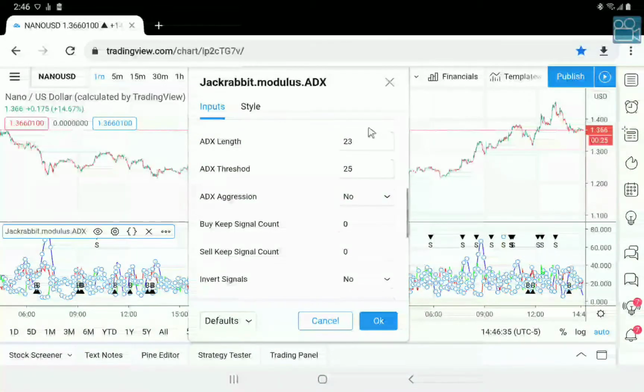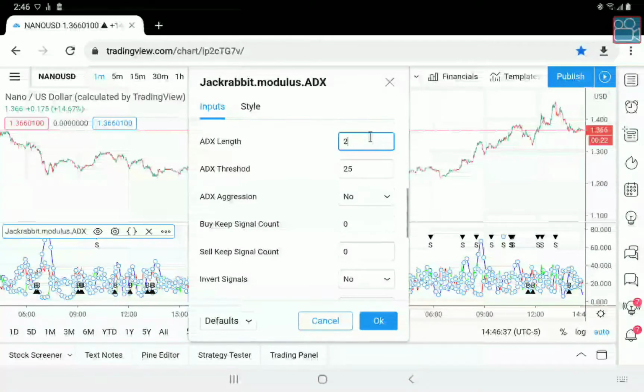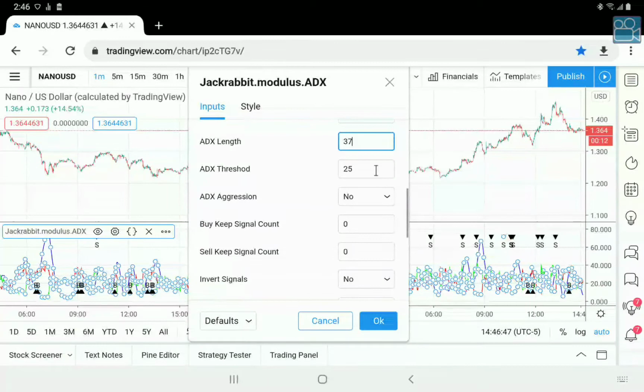For example, let's take and move to one of my favorite numbers, which works well in many cases. Now the 25 is the threshold at which the ADX indicator begins to trigger for a buy or a sell, meaning that's the minimum it has to be on the chart or scale before it's considered a strong trend direction.